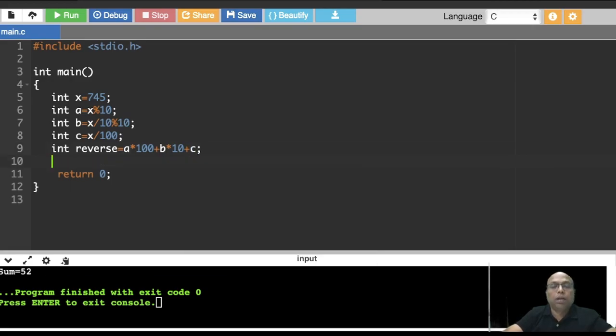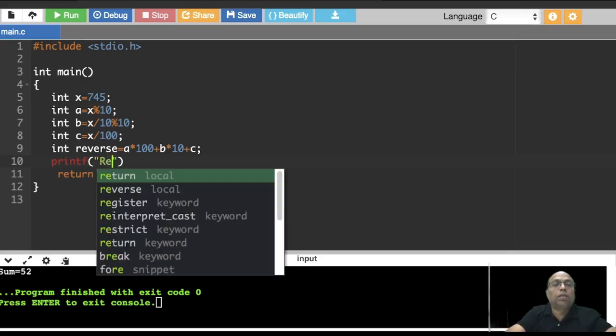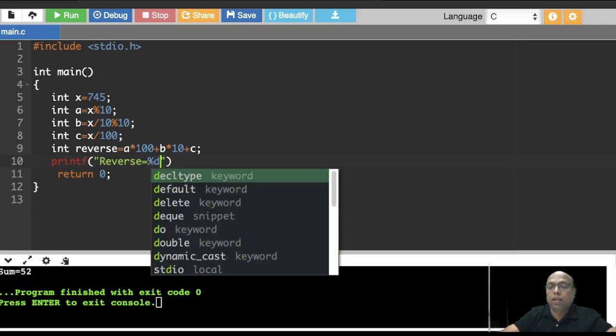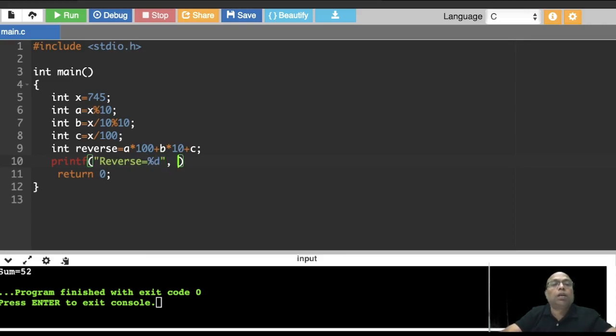I need to print it. Print it. Reverse is equal to percentage d, comma reverse. Save it, semicolon, and I'm going to run the code.